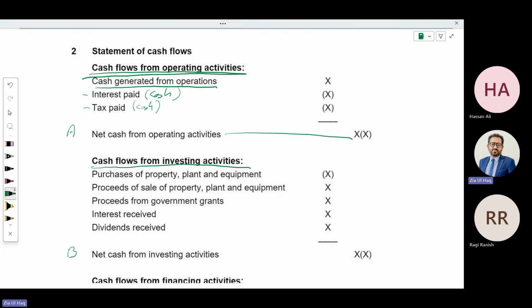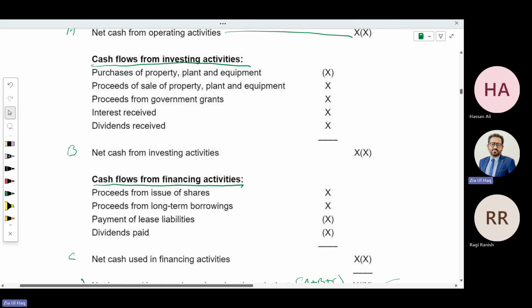Outflow negative, inflow positive. Then cash flow from financing activities. If we issue shares during the year, we receive cash, positive. If we receive some amount from loan borrowing by issuing bonds, positive. If we repay the lease, the loan or bond, negative.